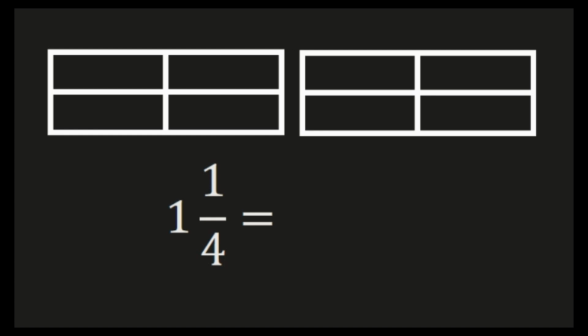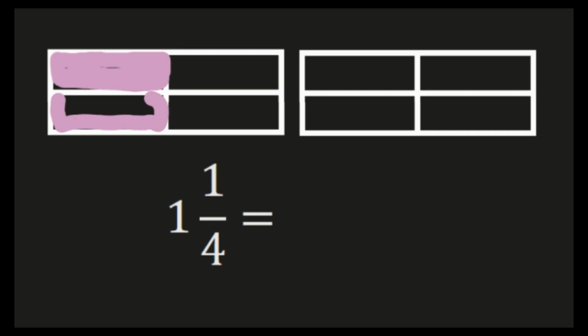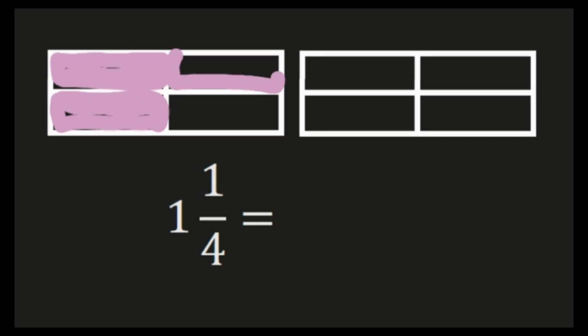For this first example, let's look at what we're doing when we change our mixed number to an improper fraction using a picture. So if I'm going to fill in 1 1/4, I'm going to need to fill in one whole and then 1 of the fourths in my second whole.